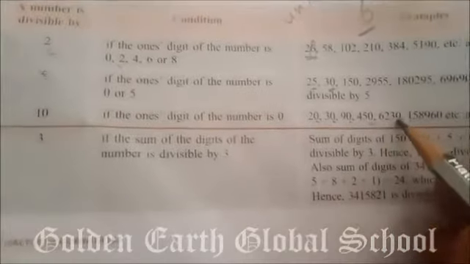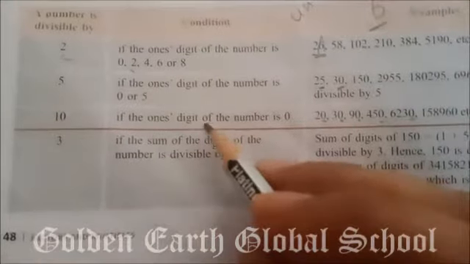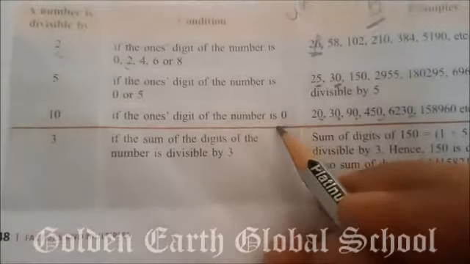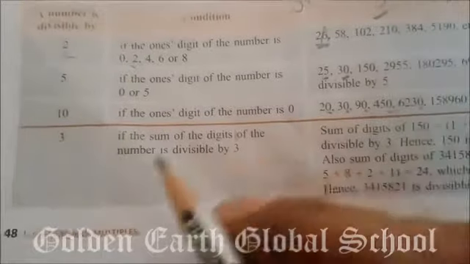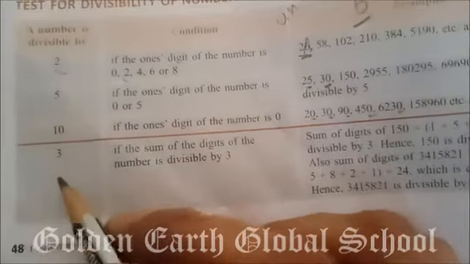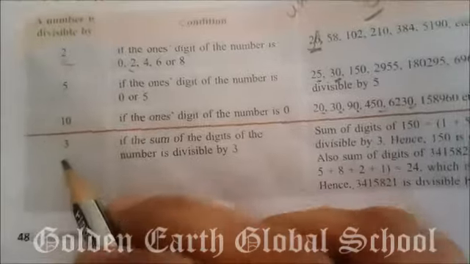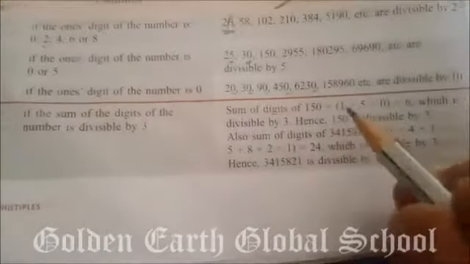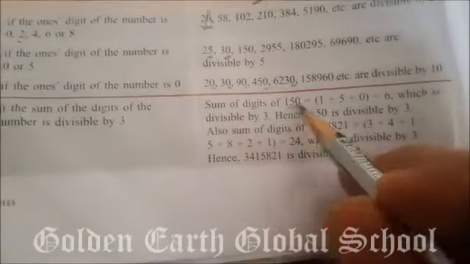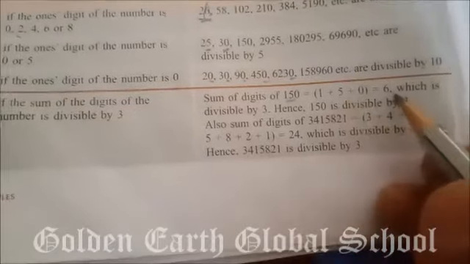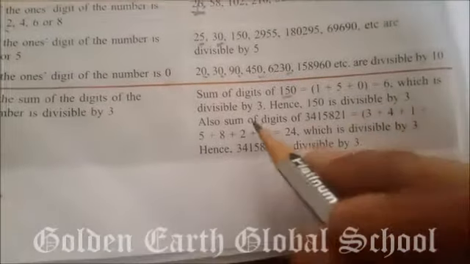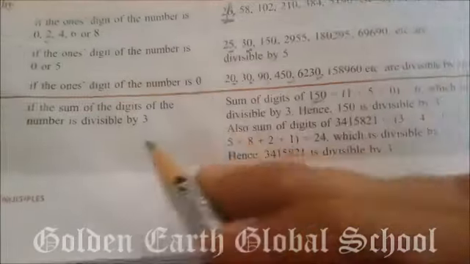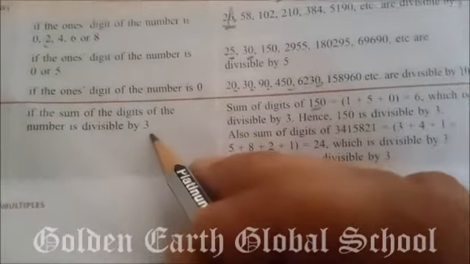If a number's unit digit is 0, then it is divisible by 10. Test of divisibility of 3: if the sum of digits, look at 150, 1 plus 5 plus 0 is 6, and 6 is divisible by 3, then the number is also divisible by 3.